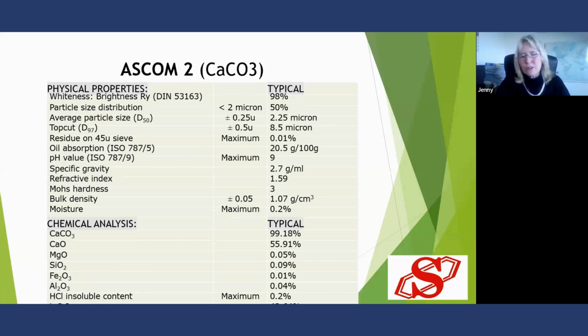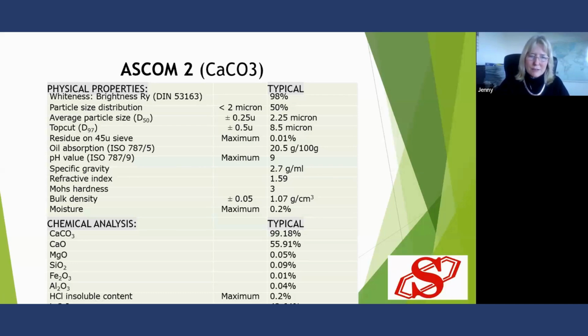So if you want to compare this calcium carbonate with another one, and they are using another one, maybe they're using reflectance, R457, they probably have the RY value, and you can ask them, because their spectrophotometer probably does, they can get their RY. And then you can compare apples with apples.